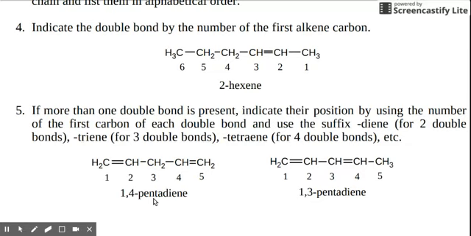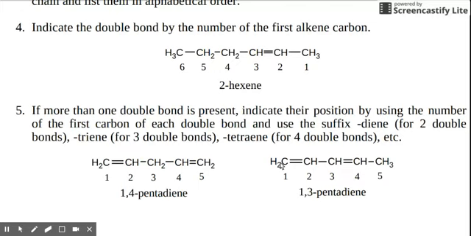In the second example, you have two double bonds, but this time the other double bond is in between this carbon and this carbon. So where do you begin? You begin from the left because that's where you're going to have the nearest double bond, and it's going to give you the lowest possible numbers for all the double bond locations that you have.